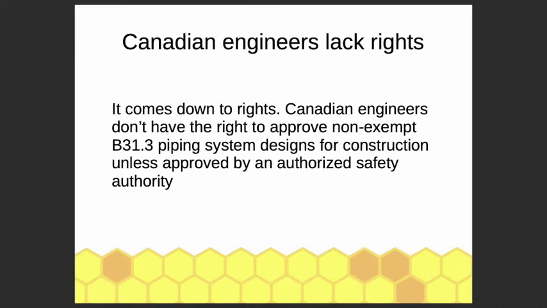Canadian engineers don't have the right to approve non-exempt B31.3 piping system designs for construction unless approved by an authorized safety authority. Now, thinking about pressure vessels in the United States, companies that have the right to build a pressure vessel are companies that have, for example, a U-stamp shop.